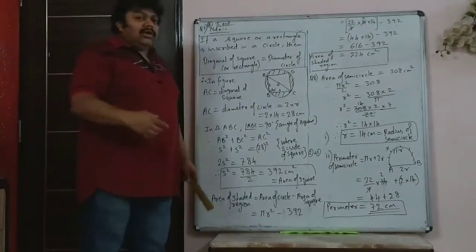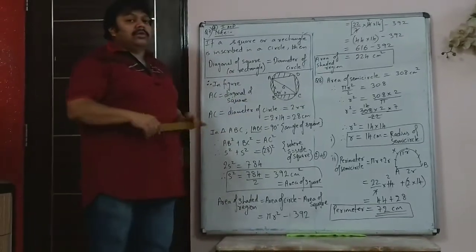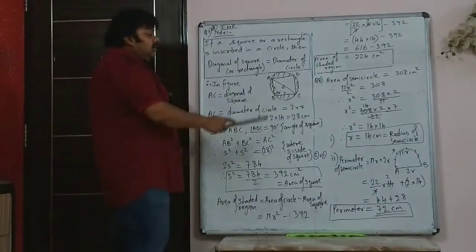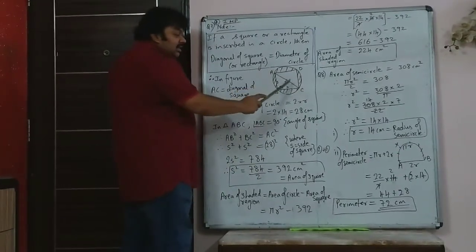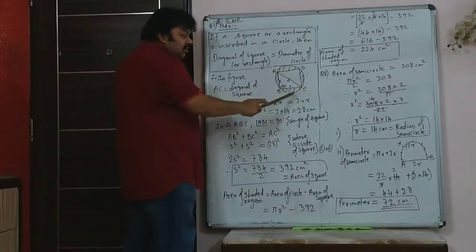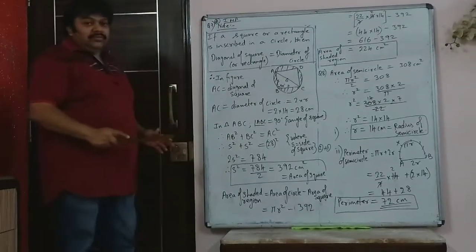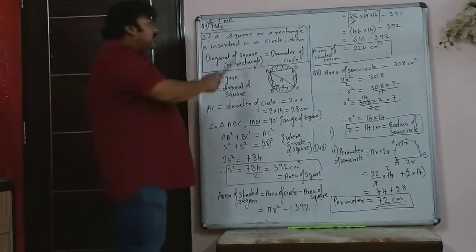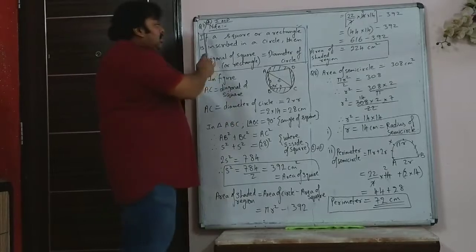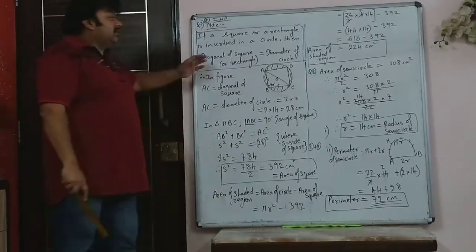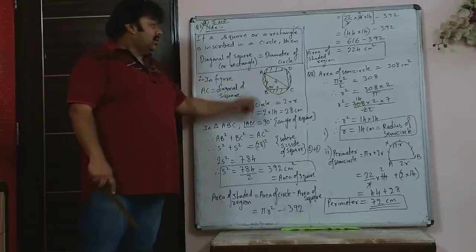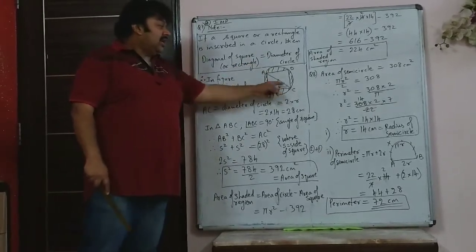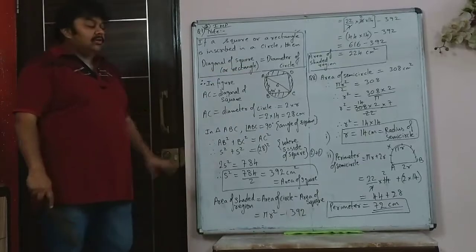If a square or a rectangle is inscribed in a circle, remember one thing, the diagonal of the square or rectangle and the diameter of that circle will be the same. So you have to use that logic, that is why I have written this. If a square or a rectangle is inscribed in a circle, then diagonal of the square or rectangle is same as diameter of the outer circle.